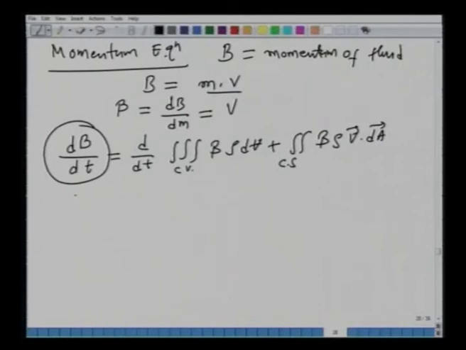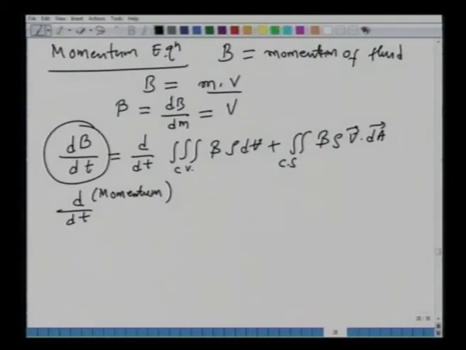Similarly, what is the d over dt of momentum? All right. What is the time rate of change of momentum?